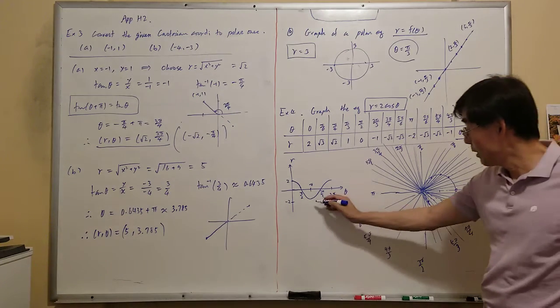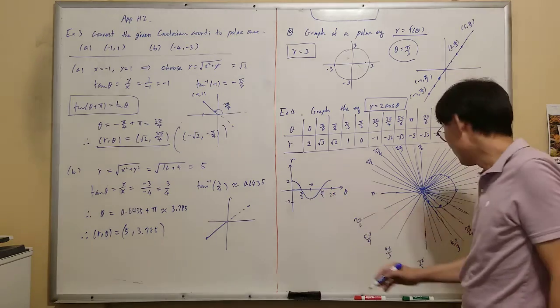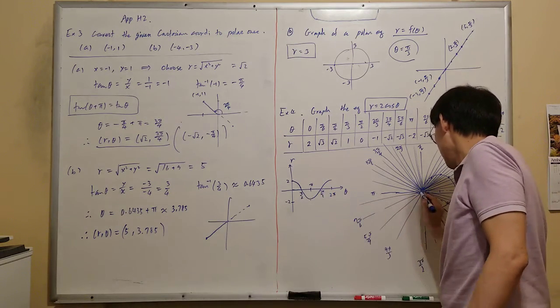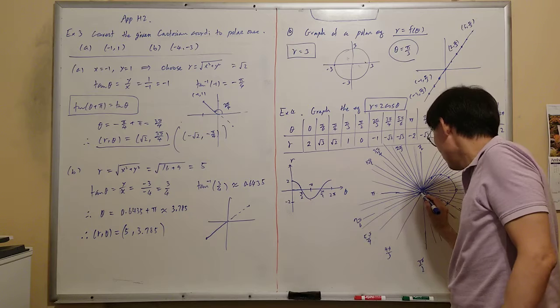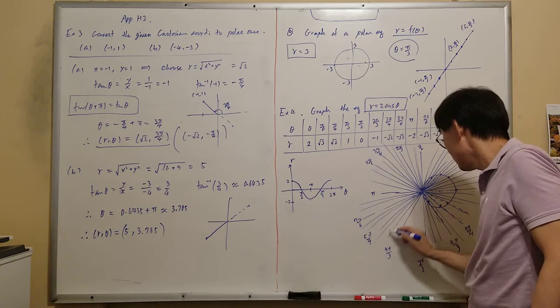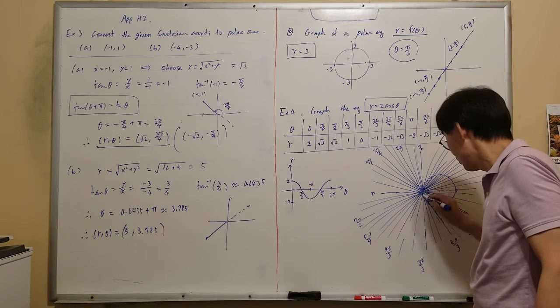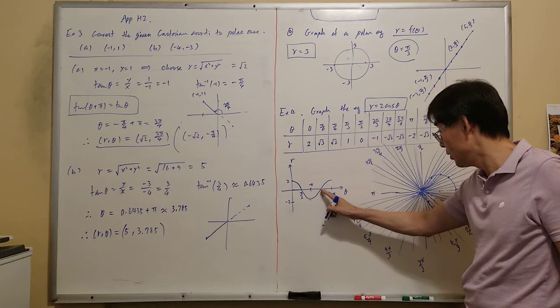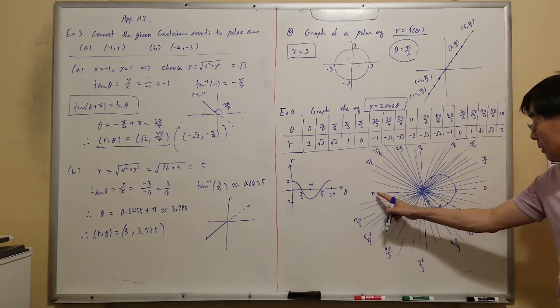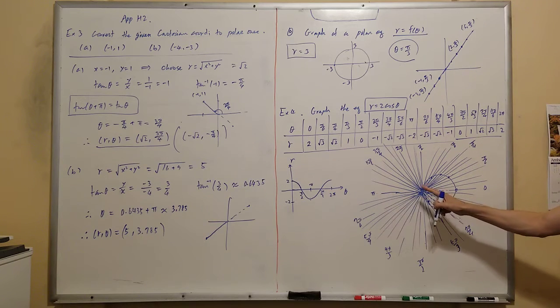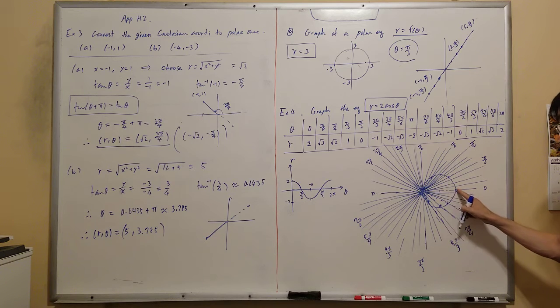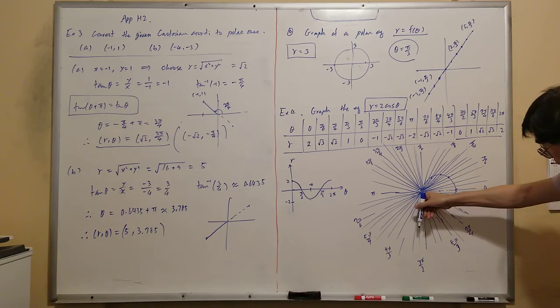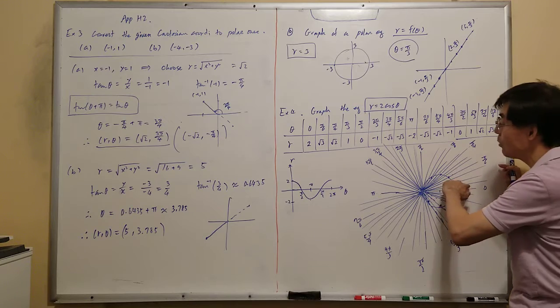And then from pi to 3 pi over 2, as theta increases, your r value increases from -2 to 0. At pi, -2 means 2 on the opposite side. As you go here, the other side 2 to 0.